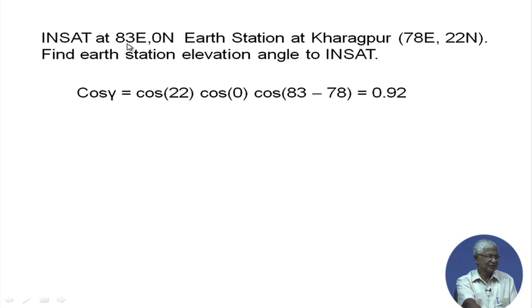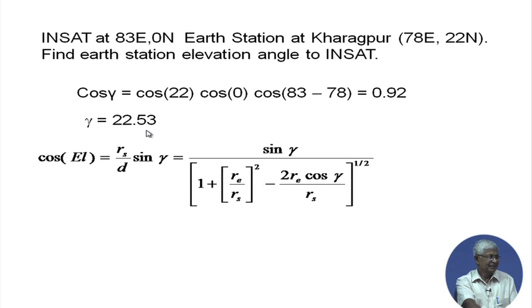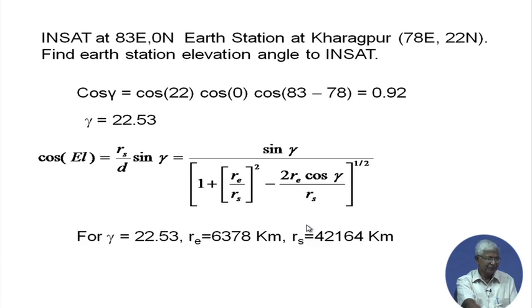Since it is a geostationary satellite, you can put those numbers and find out cos gamma as 0.92, and therefore gamma is 22.53, and you put it in the same expression for cos elevation. For gamma you put this value 22.53, for r e 6,378 kilometer approximately, and r s we calculated 42,164 kilometer. Find out what is the elevation.